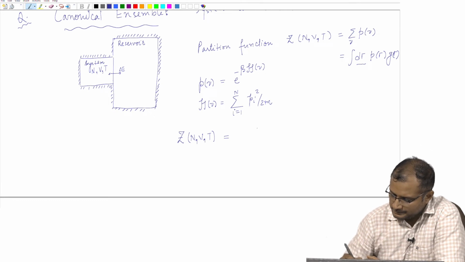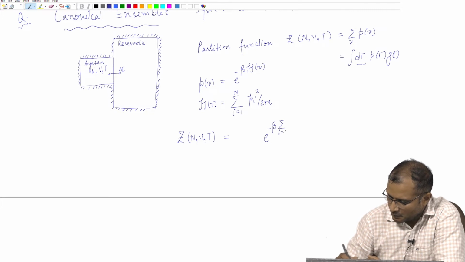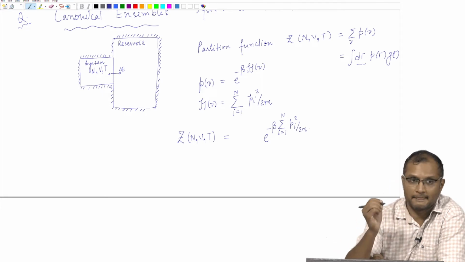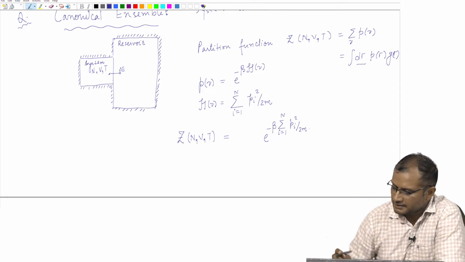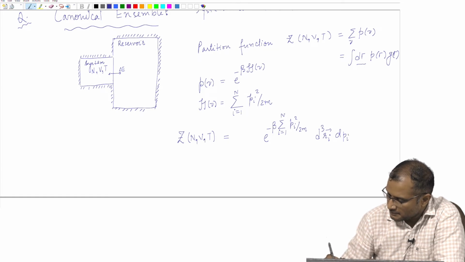So, I will write down my probability density, which is e to the power minus beta summation i going from 1 to N of p_i squared by 2m, and this has to be integrated over the entire phase space volume.